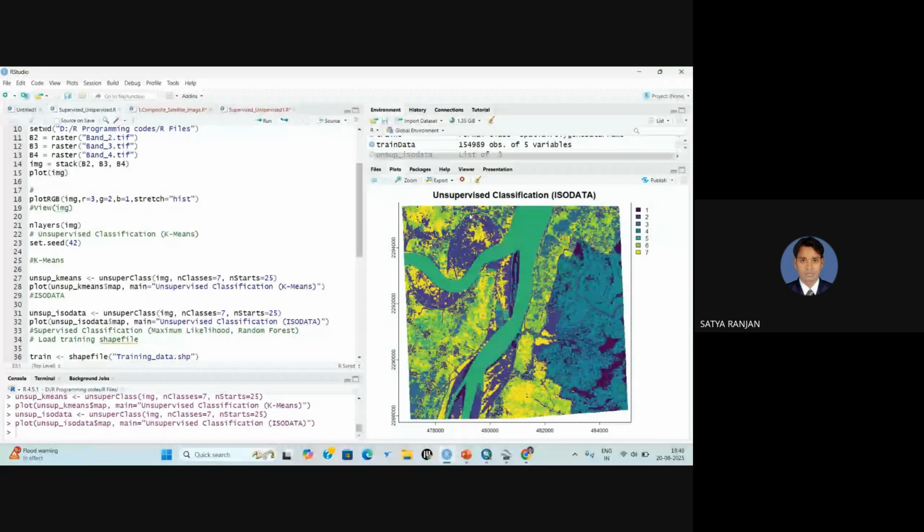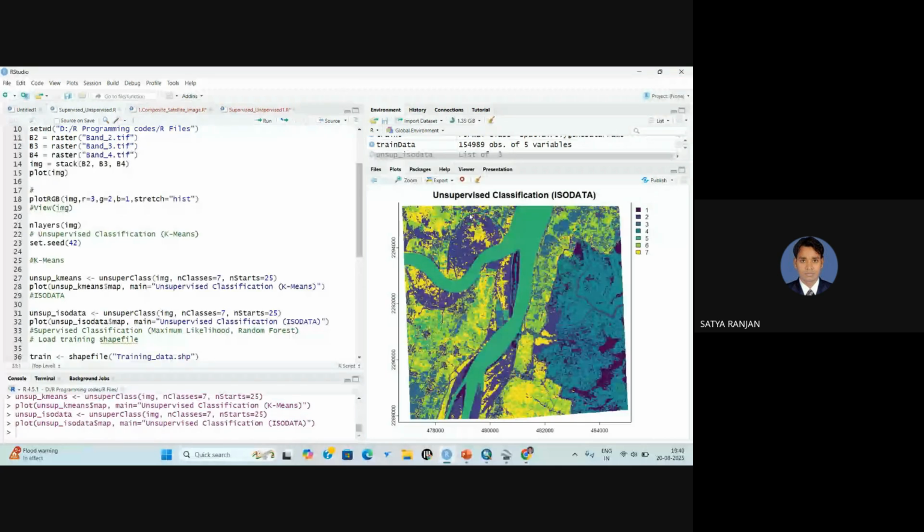Different classification techniques give different outputs, and some errors are also found. It gives a very approximate result, like 80 to 85% correct estimations in different classification techniques.